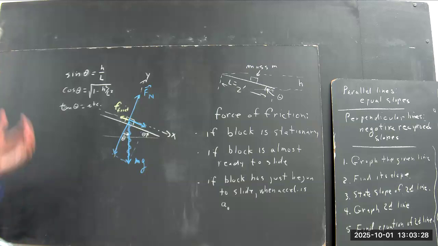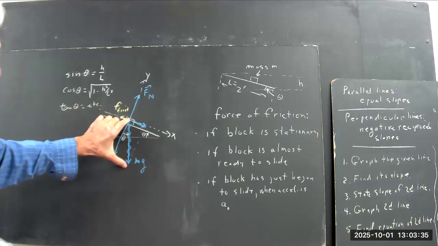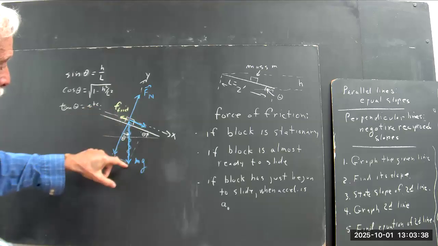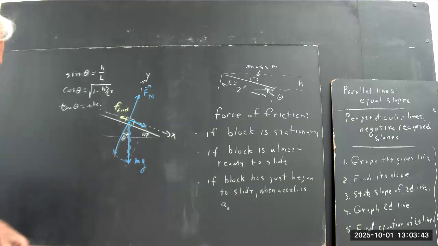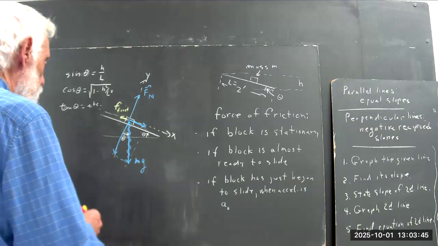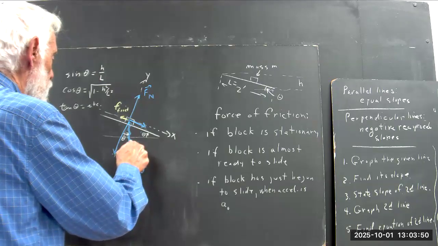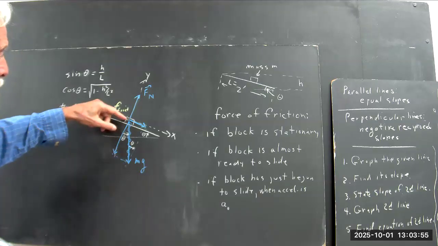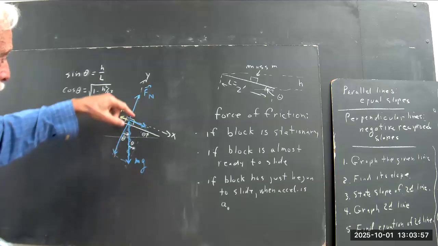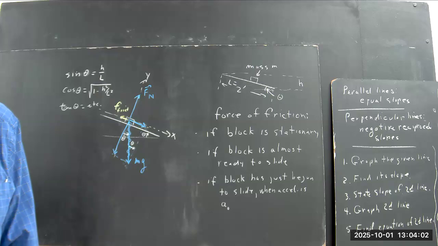Now, once you know this, then you have a triangle here, here, and here. This angle is also theta, so you probably ought to label it theta, so that you know that mg is your hypotenuse, and this is the opposite side.